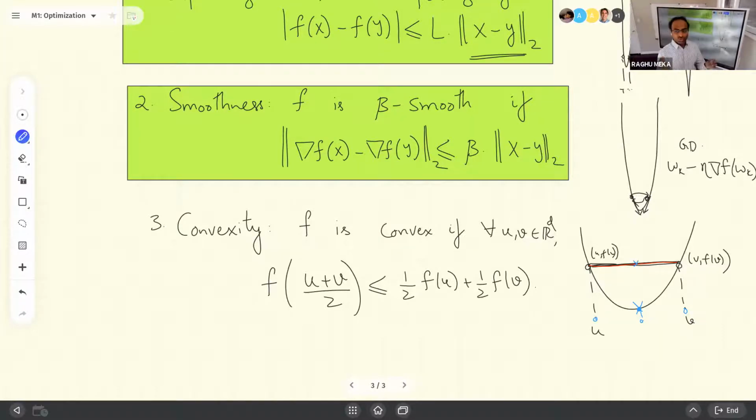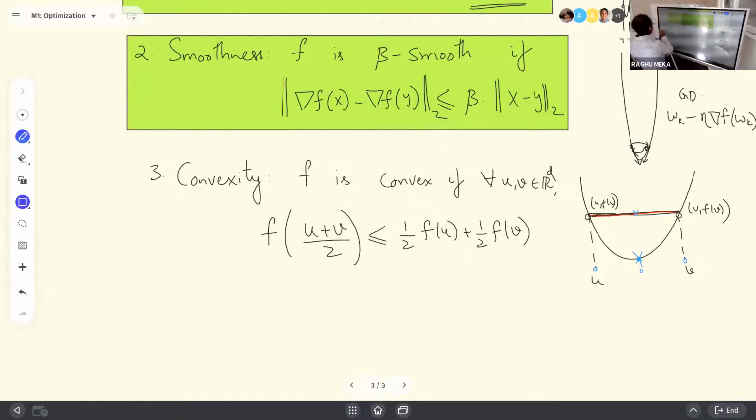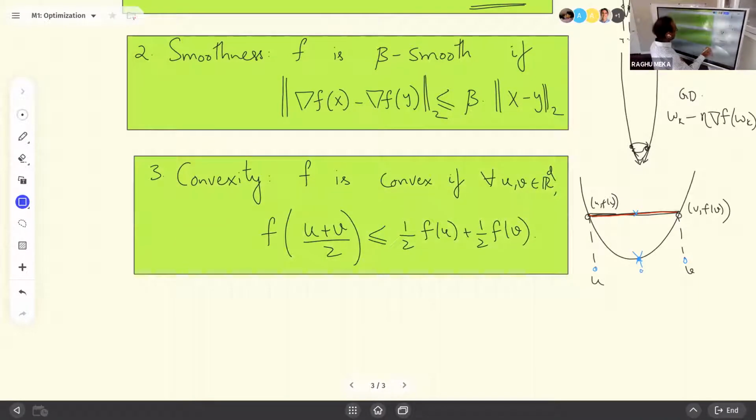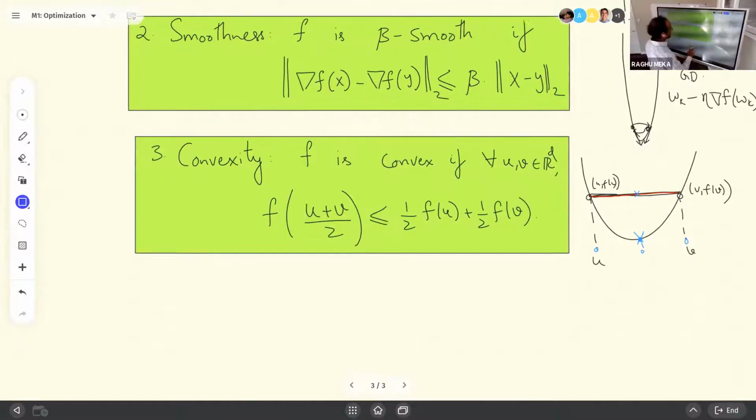It's saying if I take two points and evaluate the function at the midpoint, the value at the midpoint is less than the average of the two values. It's kind of the most succinct way of defining it, and there are many equivalent definitions of it.